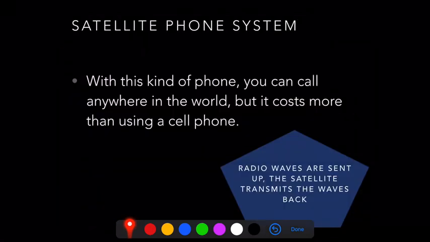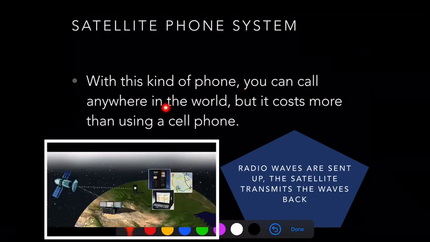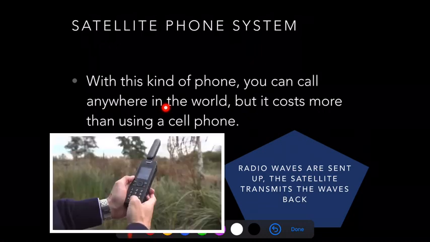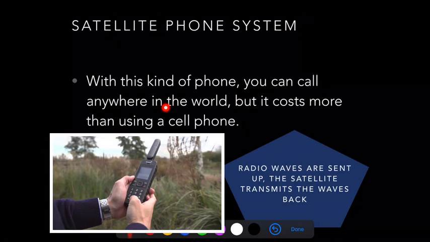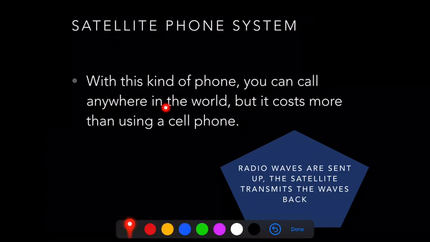With a satellite phone system, you can call anywhere in the world, but it costs more than using a cell phone. Have you seen, like in movies, that they have a special satellite cell phone, a really, really big one, like the CSI police officers, and they can even communicate on top of an airplane? Okay, those are specialized phone systems.